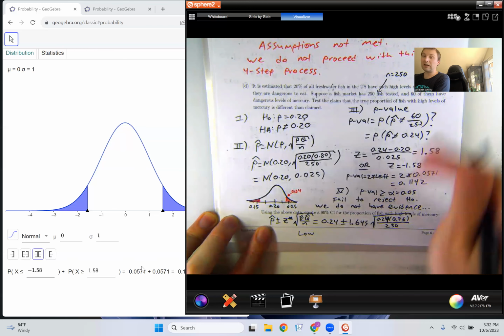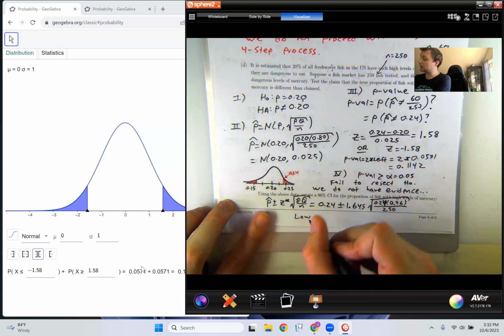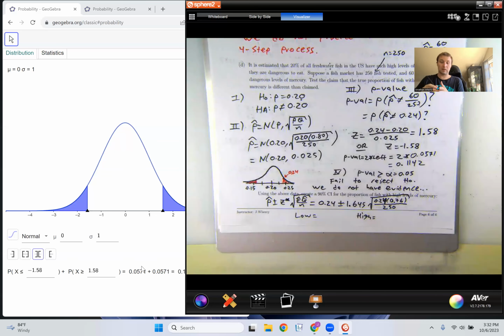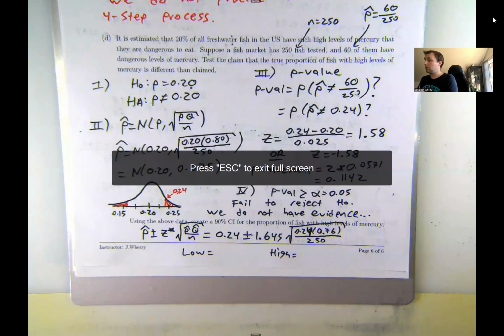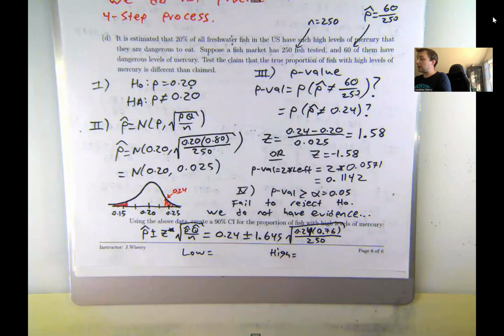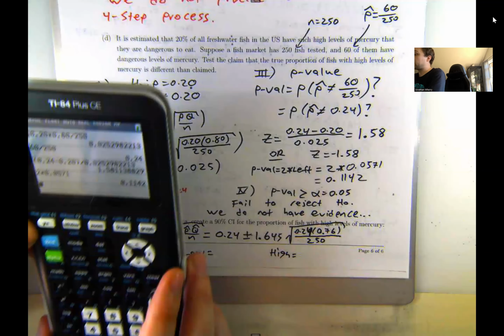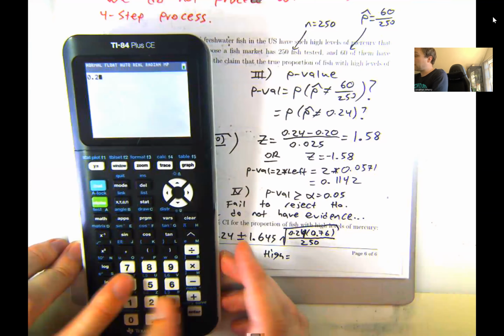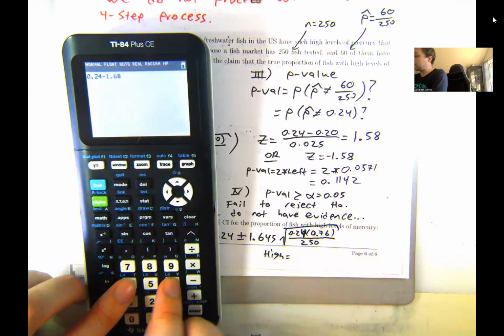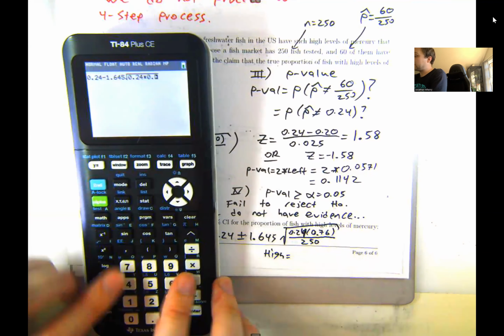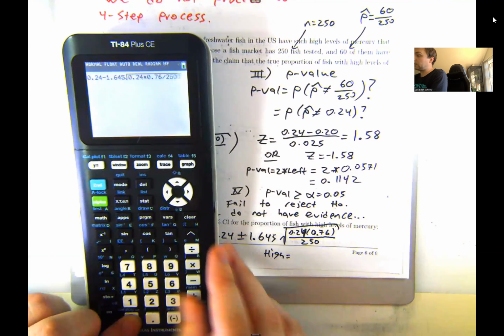I'm going to type this into my calculator once with the minus and once with the plus to get a low value and a high value. Then I'm going to show you how to check this in GeoGebra. I have p hat plus or minus z star square root p hat q hat over n, based off of my samples. So I have 24% minus 1.645 square root 0.24 times 0.76 over 250.